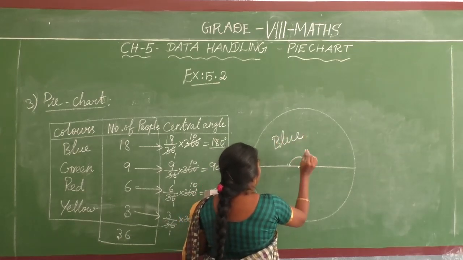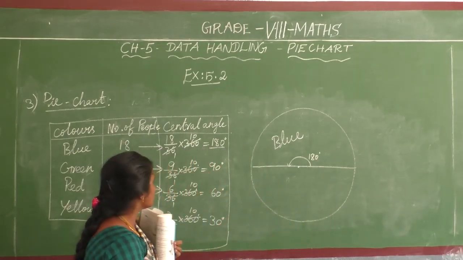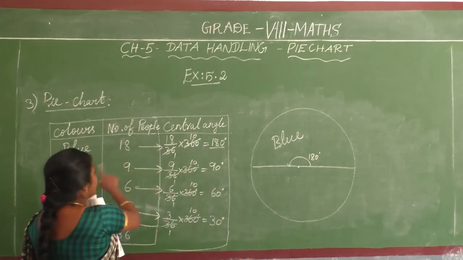So here it indicates blue color preferred by 18 people. Central angle is 180 degree. Understood? Blue. Green 90 degree.